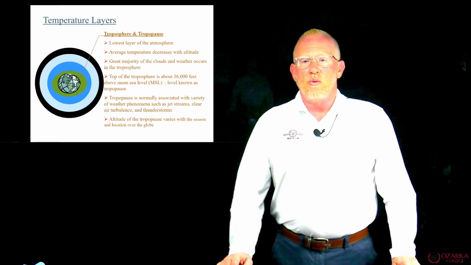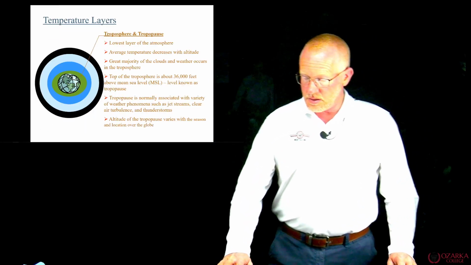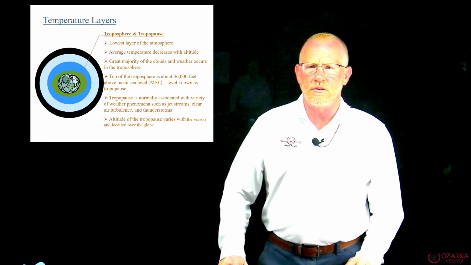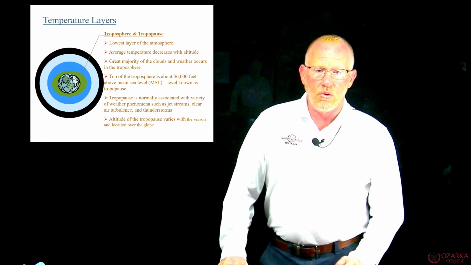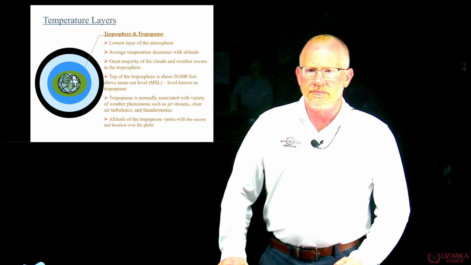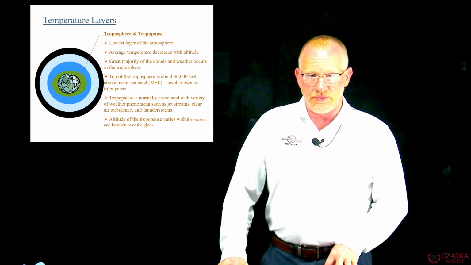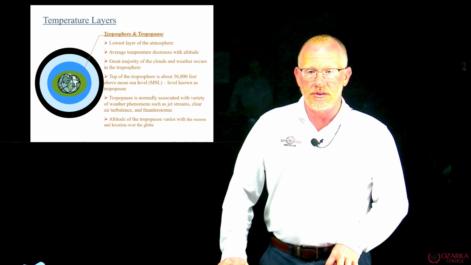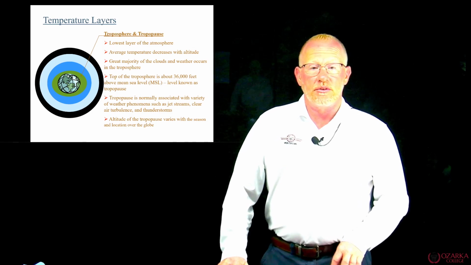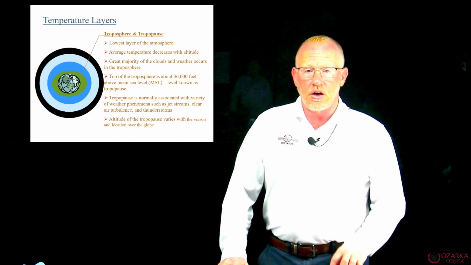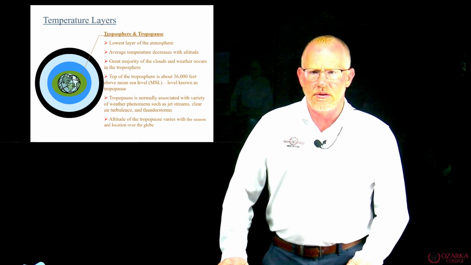So let's look at the troposphere and the tropopause. Now, these are very important. The troposphere is the lowest layer of our atmosphere. All right? So average temperature in the troposphere decreases with altitude. The higher you go up in the troposphere, the colder the temperature gets.